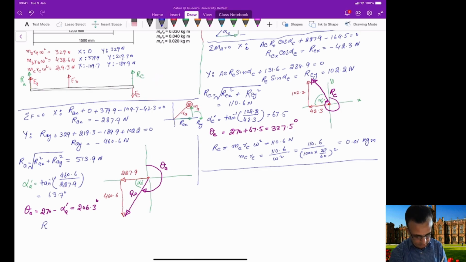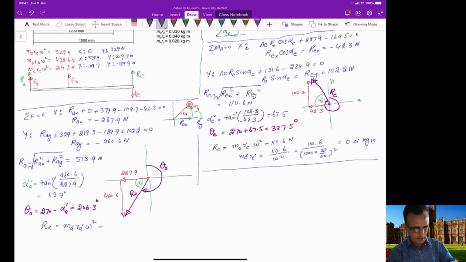And we calculated this RA, and we know that our RA is MA RA omega square. This MARA is not the same as the value here, because that was the given value, but now in addition to this, we are adding other values here. So it's better to call this maybe MA dash RA dash, and similarly call this MC dash RC dash.